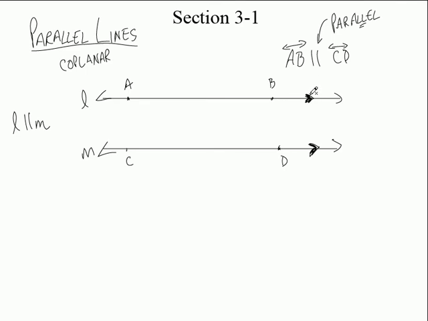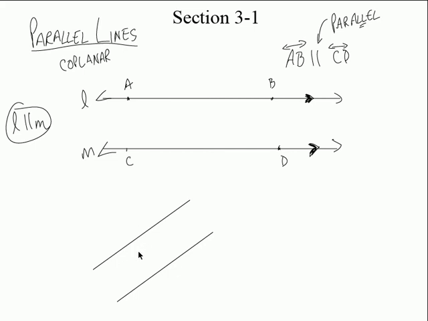Now, if they didn't have those arrows that show they're parallel, how would you know these lines are parallel? Well, you'd only know it if they told you. That's the only way. You can't just look at two lines and assume that they're parallel to each other. I can't just do this. I can't say that this line and this line are parallel to each other. I don't know they're parallel right now.